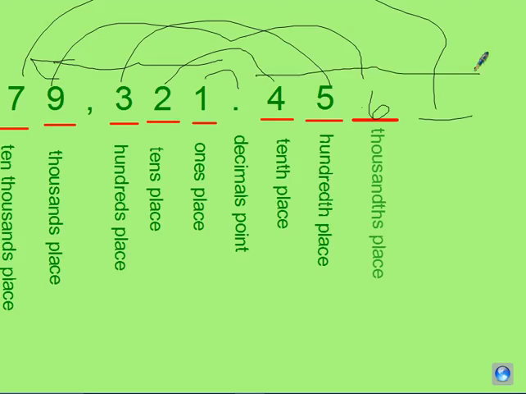If we go this way of the decimal, the number is always getting smaller. 4/10 is a lot bigger than 5/100. I would rather have 4/10 of a candy bar than 5/100 of the candy bar. So you really got to think opposite, depending on which way you're going. If you're going left, it's always getting greater. If I'm going right, it's always getting smaller or less.